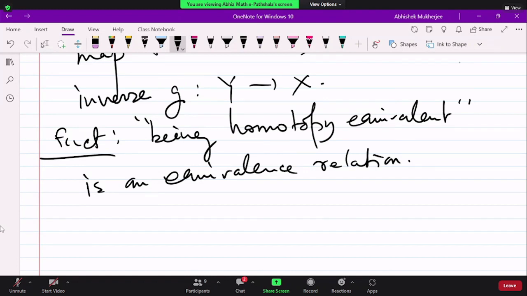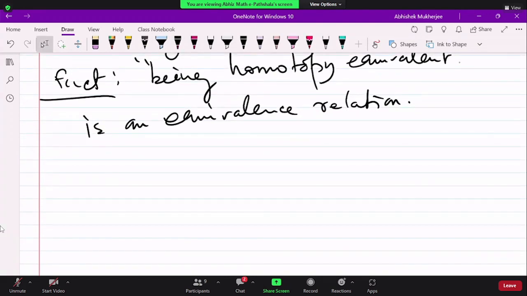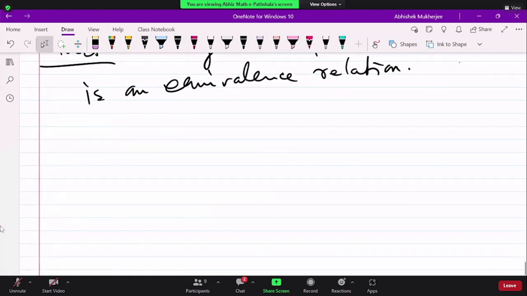So two spaces are said to have the same homotopy type if they are homotopy equivalent.